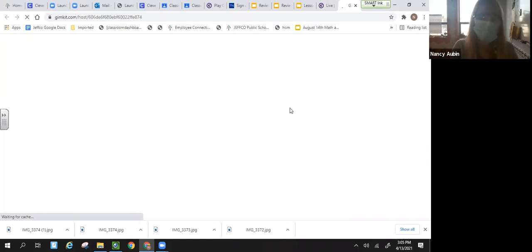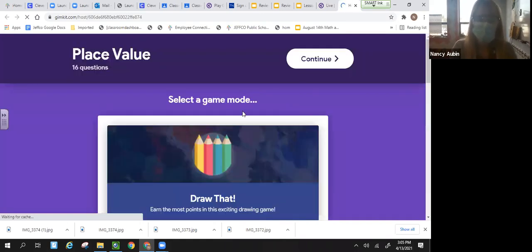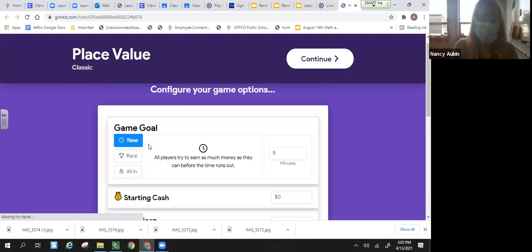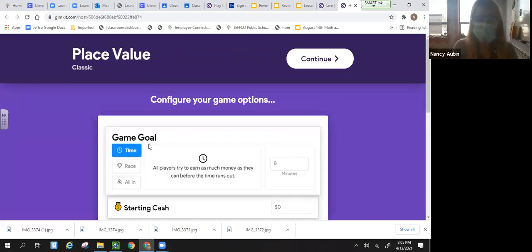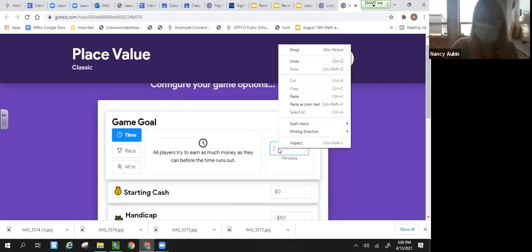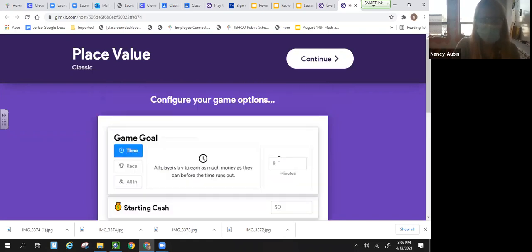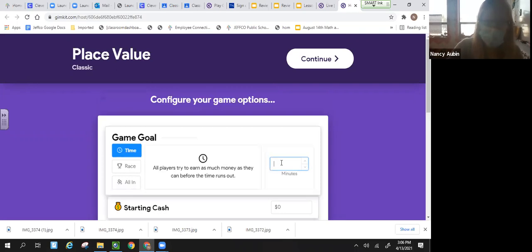We're now doing place value. I can't get it to go. 8 minutes. 2 minutes. I tried to do 9, but it, there we go.